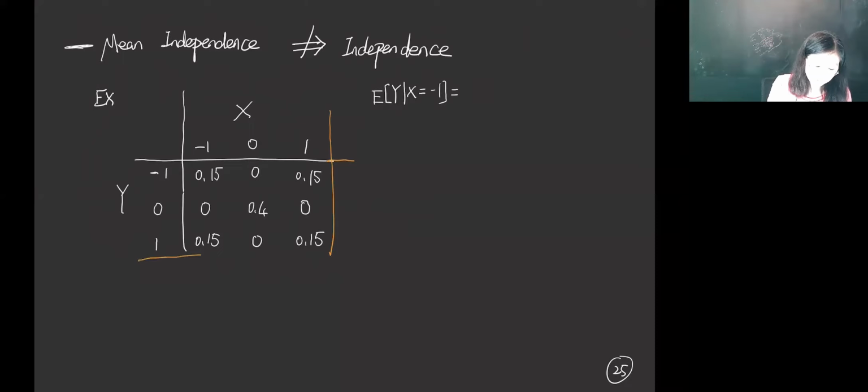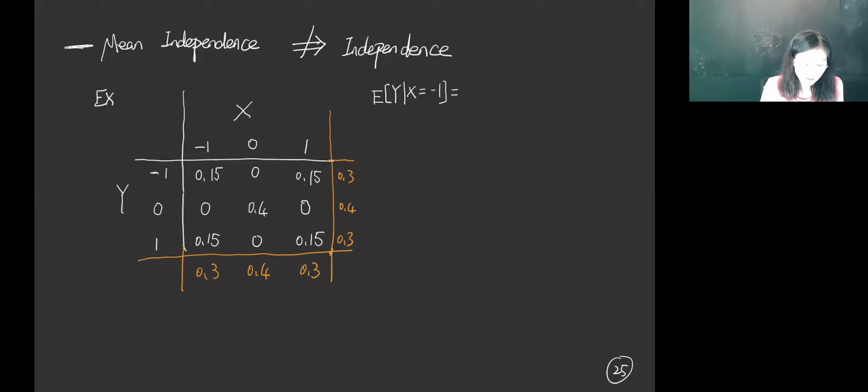To get the marginal PMF of y, we sum up each of the rows. So we get 0.3, 0.4, and 0.3. And then we sum up the numbers in each column and get the marginal PMF for x, which is also 0.3, 0.4, and 0.3.